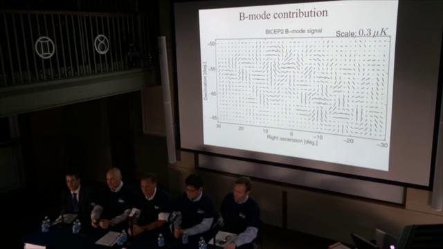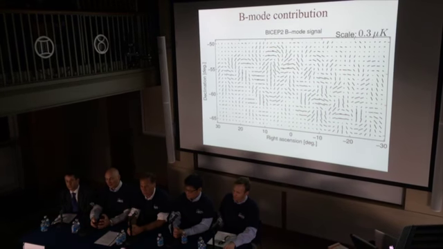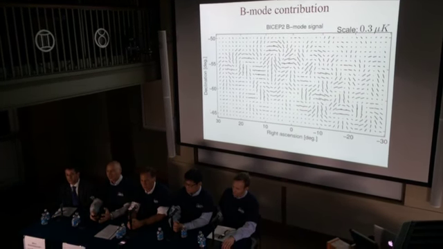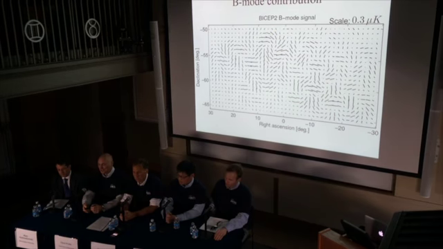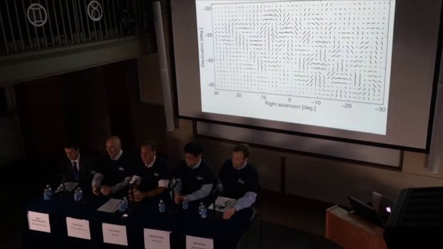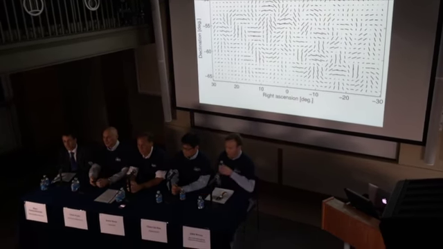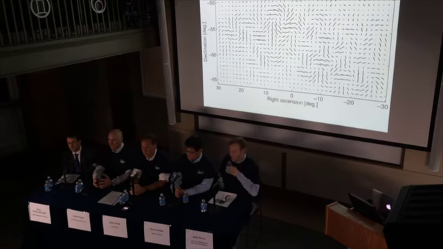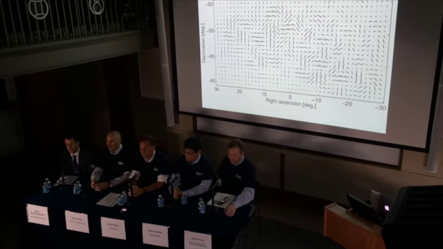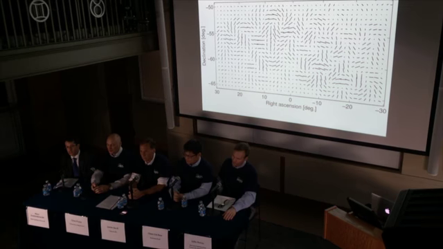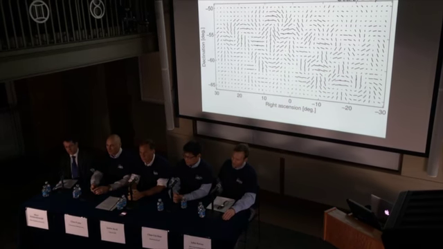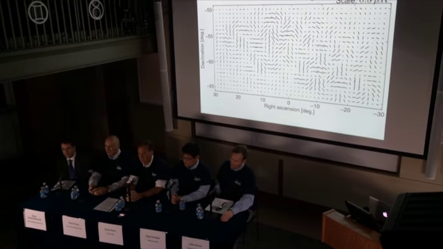As Sheldon emphasized, by far the most reasonable interpretation of such a signal is that it is gravity waves written in that last scattering surface pattern, in that microwave background pattern, and those gravity waves come from the inflationary epoch at a tiny, tiny fraction of a second after the beginning.